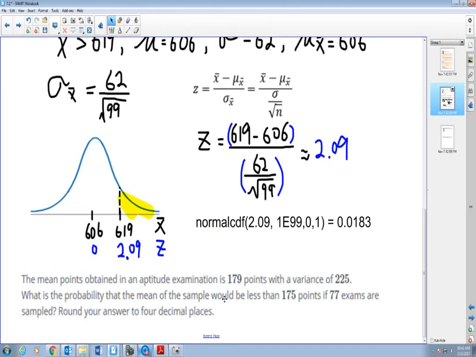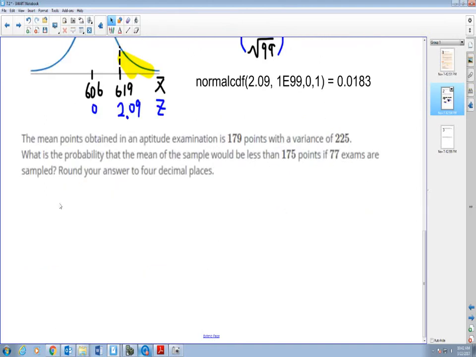Alrighty. So let's look at another one. The mean point obtained from an aptitude examination is 179 points. So this is the mean of the test, with a variance of 225.